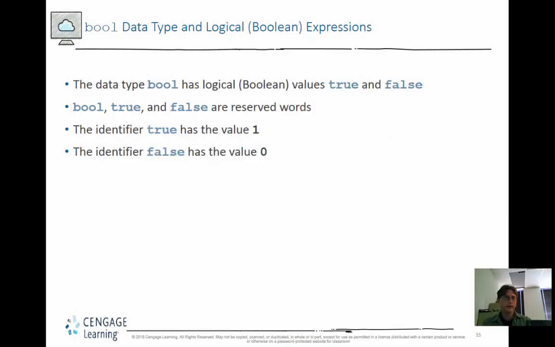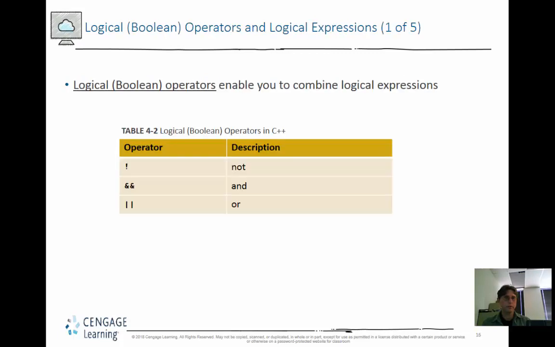So those are relational operators, right? Relational operators test the relationship between two expressions. But you're somewhat limited in what you can do with those. If you want to write more complex logical expressions, you can chain logical expressions together to form a larger logical expression.